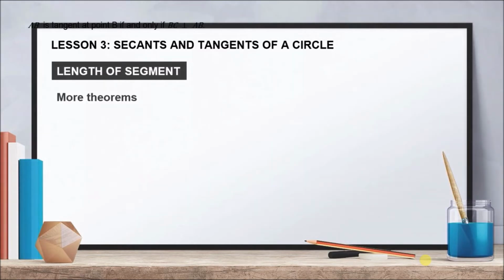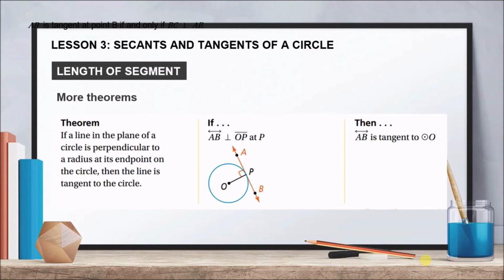We could have more theorems involving the length of our segments formed by secants and tangents of our circle. If a line in a plane of a circle is perpendicular to a radius, that line is automatically the tangent of our circle, and that will conclude that the radius is perpendicular to that certain tangent.